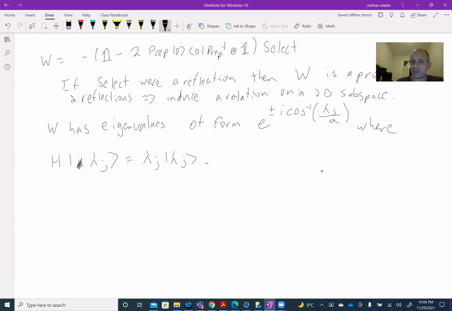So this ends up giving us the eigenvalues. The key thing is that this implies phase estimation can be used to learn lambda j from this.